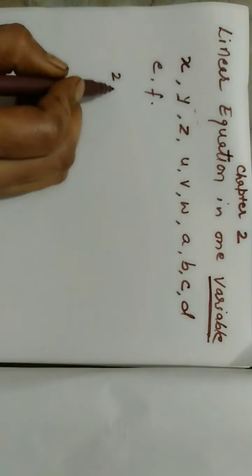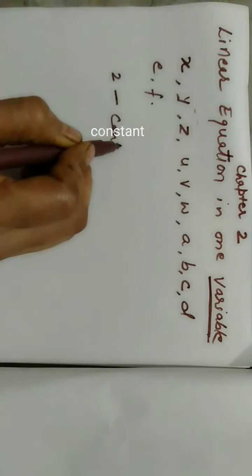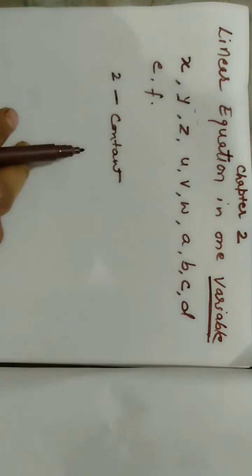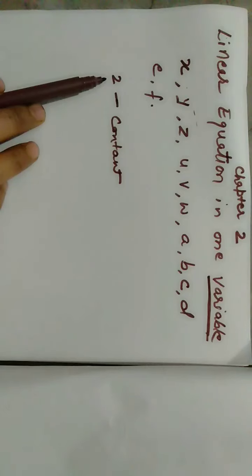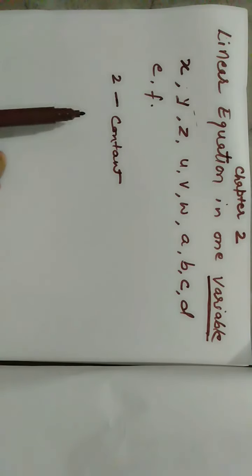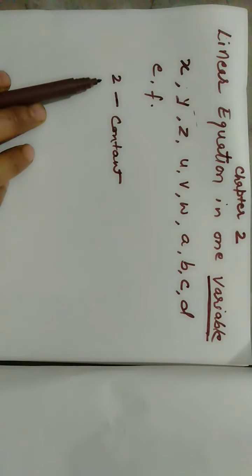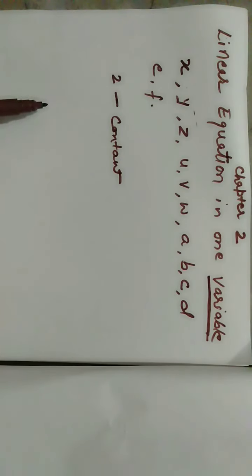Number 2 will remain as number 2 forever. So the value 2 is said to be constant. It will remain as 2 10 years back also and will remain as 2 10 years after also. All the numerical values are said to be constant.